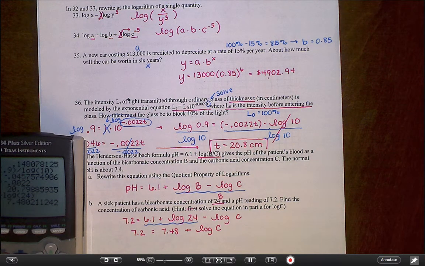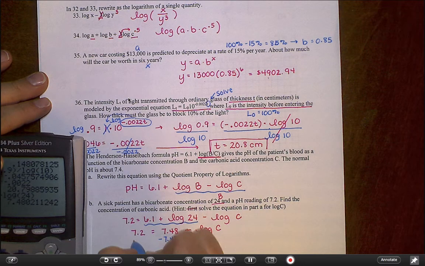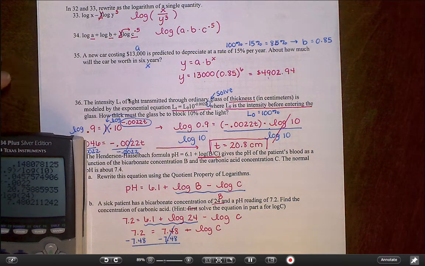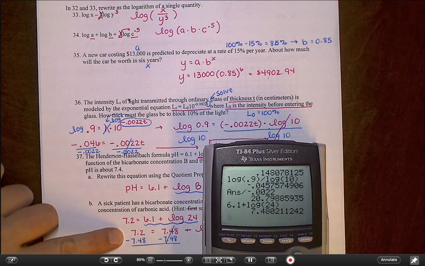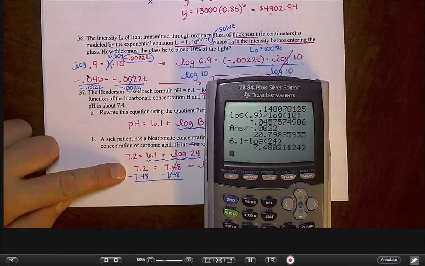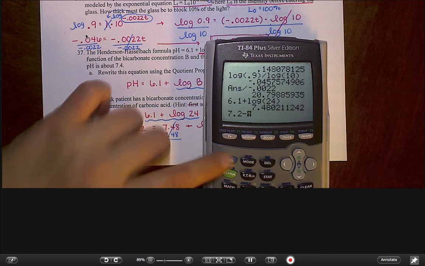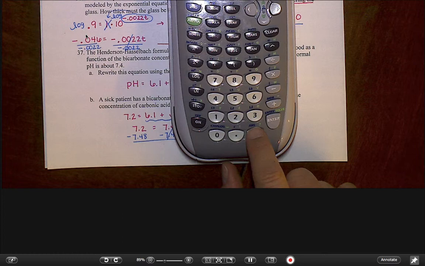Now I would probably subtract that 7.48. And again, just for the sake of accuracy, I would do this part in my calculator and use the whole decimal. So when I'm trying to do this, 7.2 minus 7.48, I would type it in like this, 7.2 minus, and then I would use the answer function, which is on the negative key, ANS.